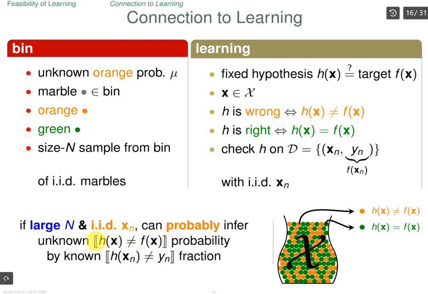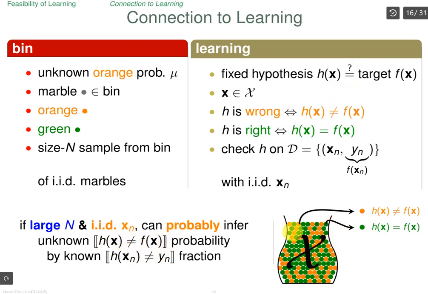So this is a Boolean function that gives true or false if these two agree or disagree. By known fraction, fraction means in the supervised case we have y's. So if you have a huge training data set, we can again infer something unknown: that our hypothesis will not be equal to the target function on this example.